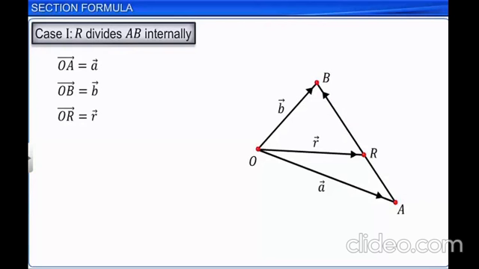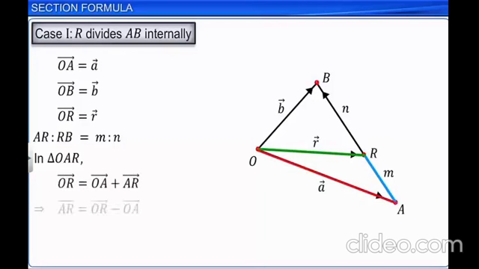Let point R divide line segment AB in the ratio m:n. From triangle OAR, we get vector AR is equal to vector OR minus vector OA, which is equal to vector R minus vector A.